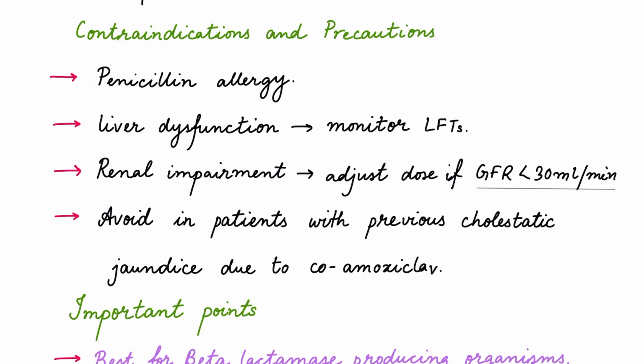It is particularly valuable for infections caused by beta-lactamase producing organisms and for mixed infections such as animal bites. However, it should not be used unnecessarily, as inappropriate use contributes to antimicrobial resistance. Always remember, it is ineffective against MRSA and AmpC beta-lactamase producers.